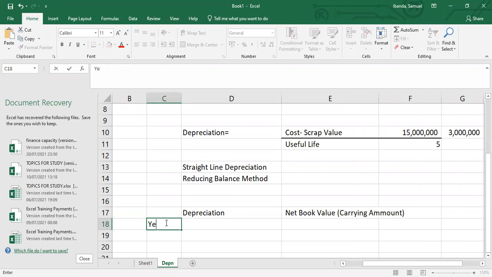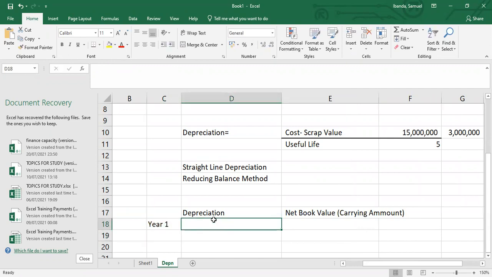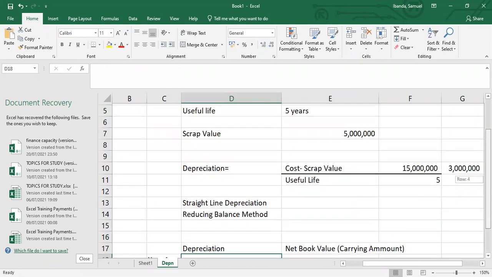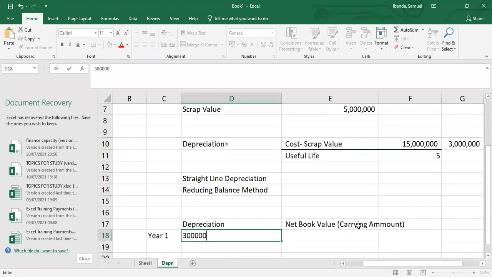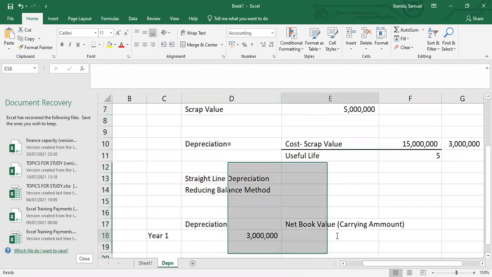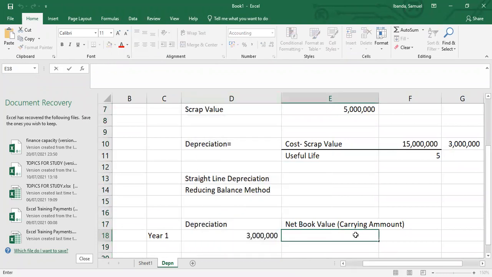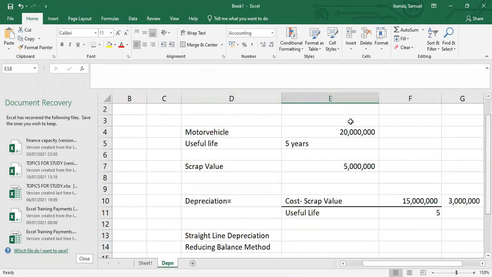So for year one, our depreciation for the motor vehicle, at the end of the year, remember this is the end of year adjustment, is 3 million. So our net book value, remember, we bought this vehicle at 20 million.